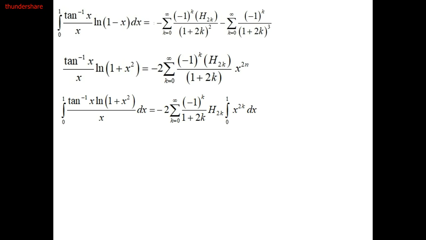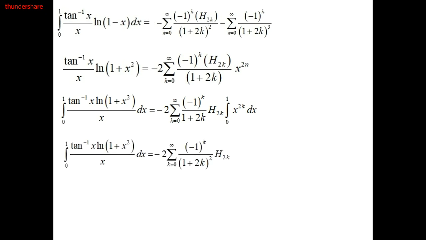So we will obtain that our first integral will be negative 2 times the sum k equals 0 to infinity of (-1)^k divided by (1+2k)^2 times H_(2k).